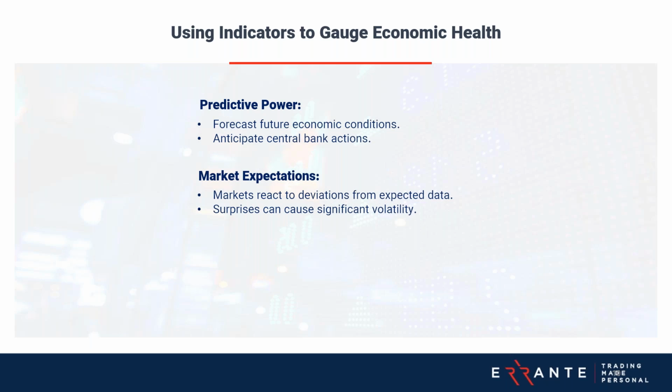So the deviation from the expectations is much more important than the deviation from the previous release. A better than expected figure can cause markets to rally, and a worse than expected figure can lead to sell-offs. For example, if the market expects US GDP growth of 2%, but the actual figure is 3%, this positive surprise can boost the US dollar and stock markets.